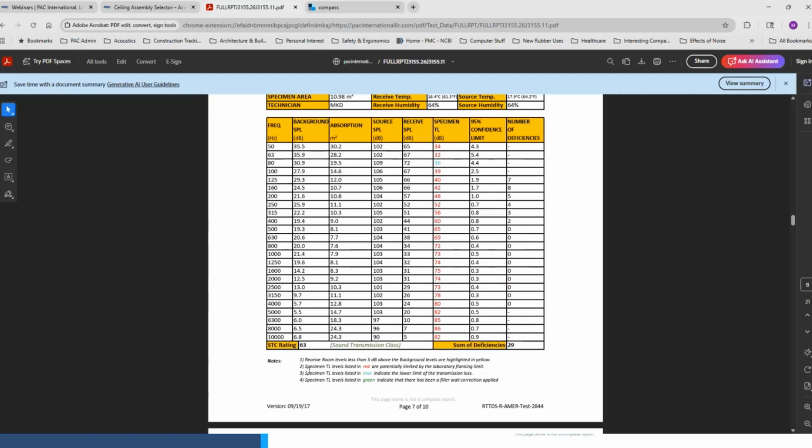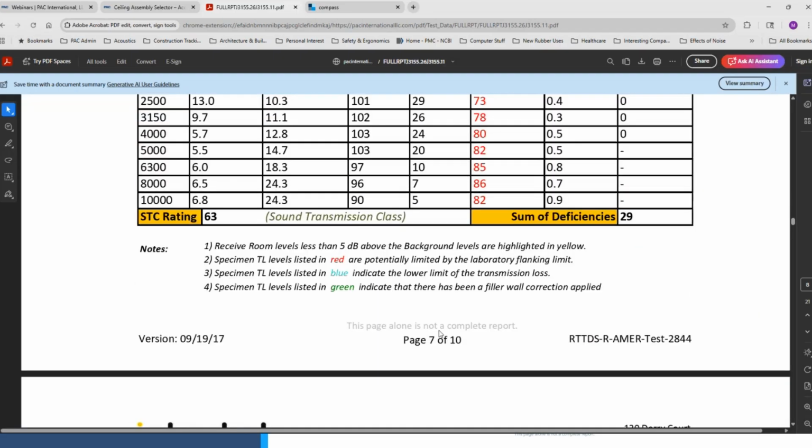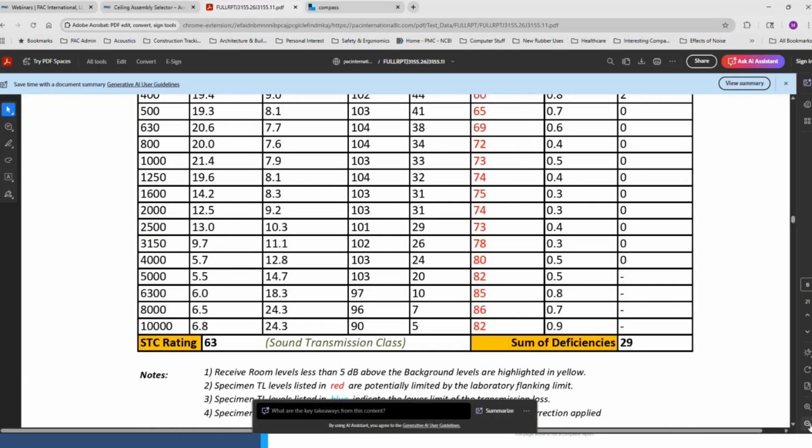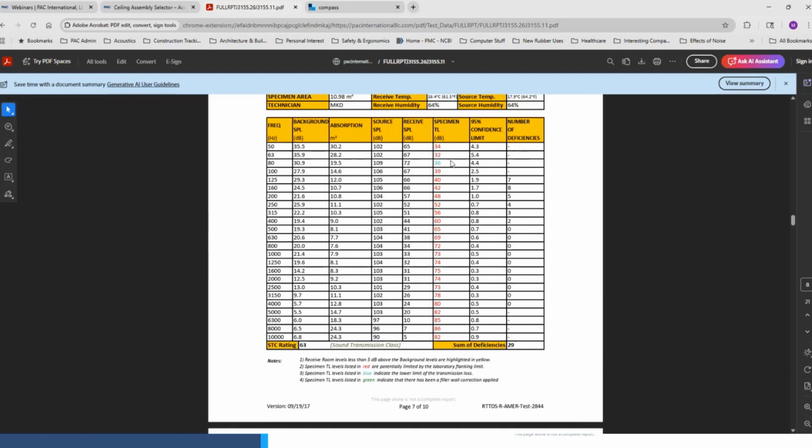Down here, you'll see this note: specimen TL levels listed in red are potentially limited by the laboratory flanking limit. And you'll see that all of them, except for this one, which is blue and says the lower limit of the transmission loss, are limited. I think that's also supposed to be a flanking flag. But all of these are limited.